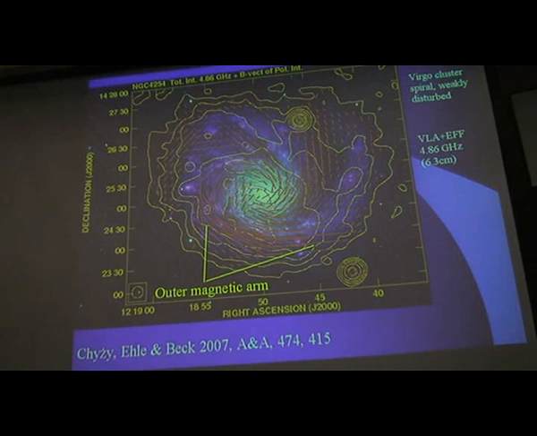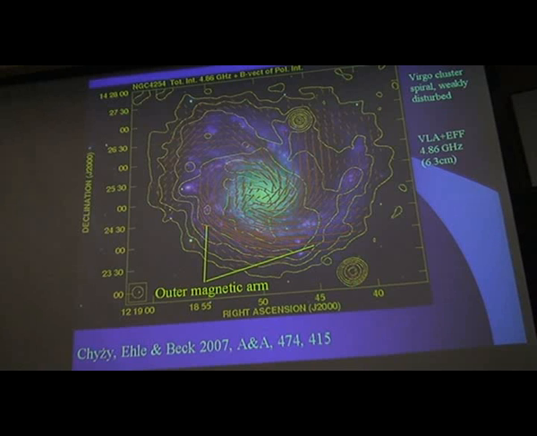But in all regions, the magnetic field tries to adapt to the local density wave. And the stronger irregular field is in the south and makes a kind of magnetic arm.